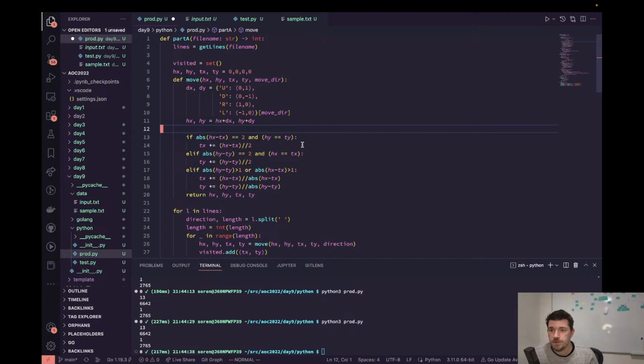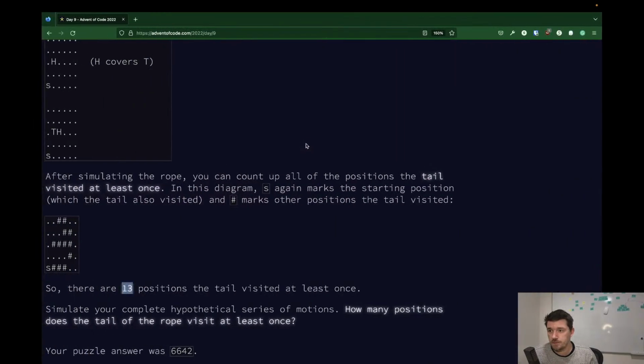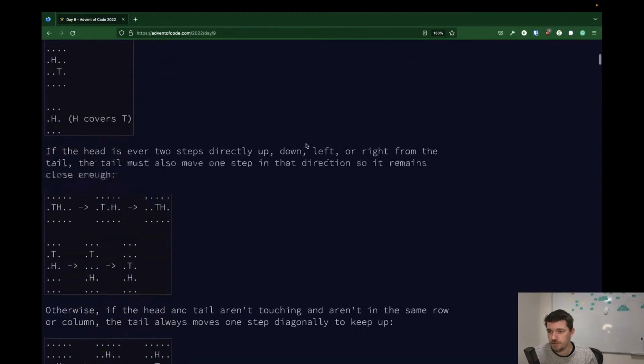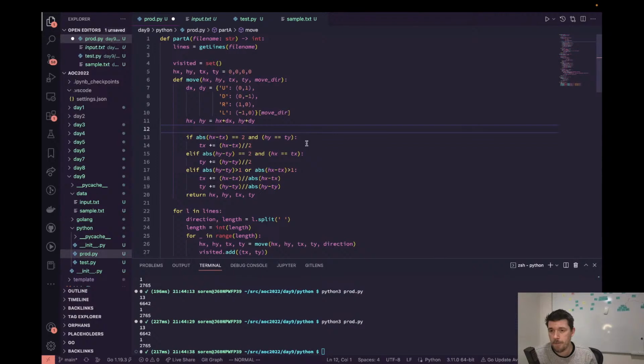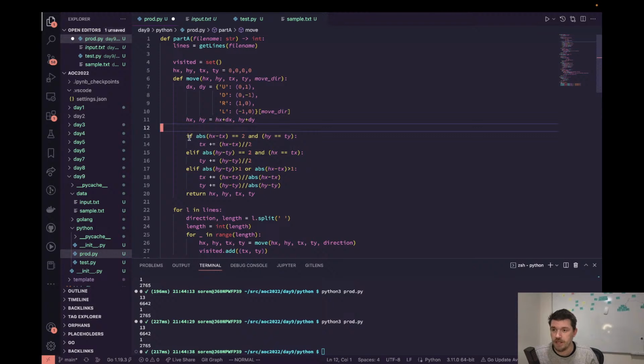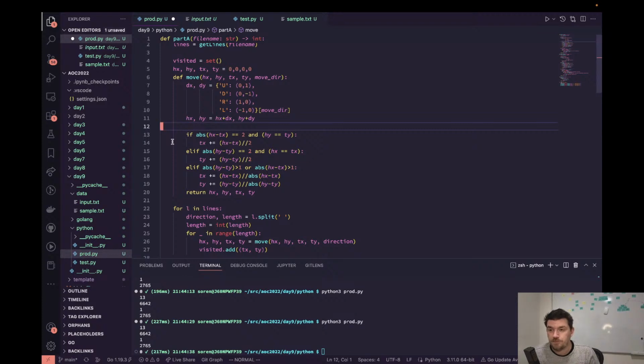Okay, so next up is looking at the rules of motion for the tail, where if it was ever 2 above or 2 below or 2 to the right or left, then it moves 1 in that direction as well. And that's what we're doing here. I can simplify this even more. Anyway, if the difference between h, x, and tx is 2 and the other ones are equal, that means that's what we want to do.